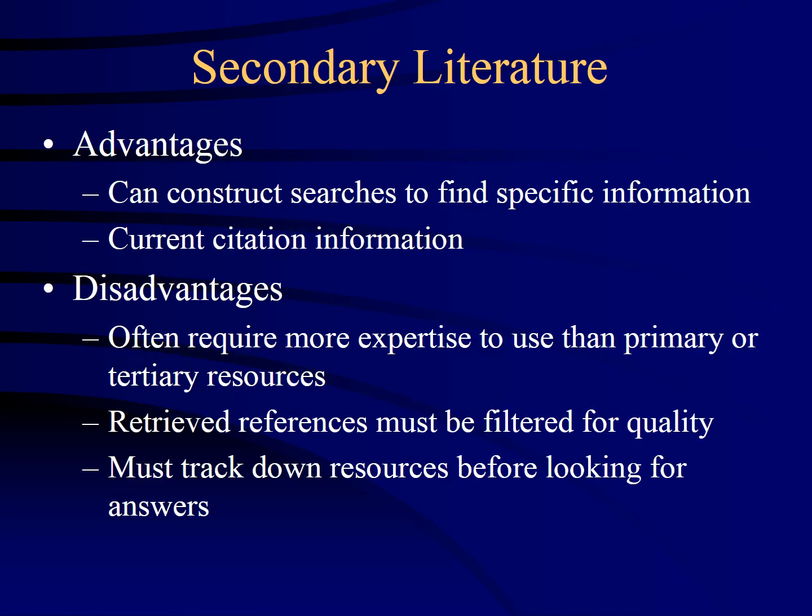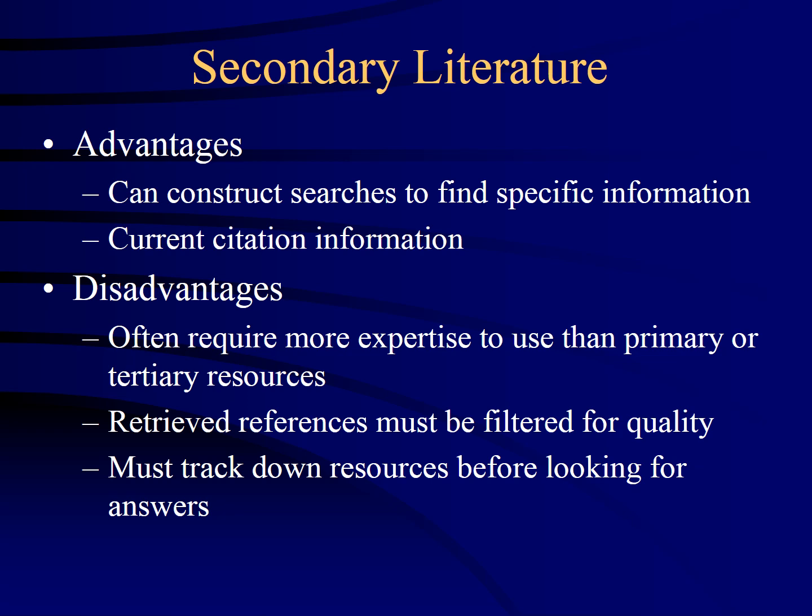Advantages of the secondary literature include that you can construct searches to find specific information, and current citation information is available. Disadvantages to the secondary literature include the lag time, limited scope of coverage, what journals are covered in that secondary source, and the training to use effectively.